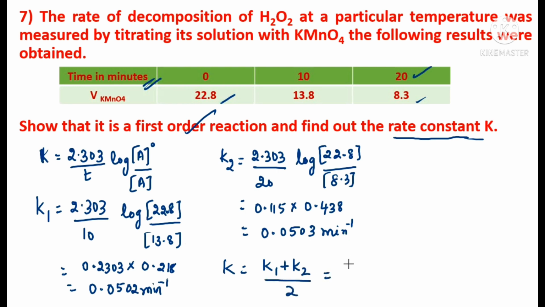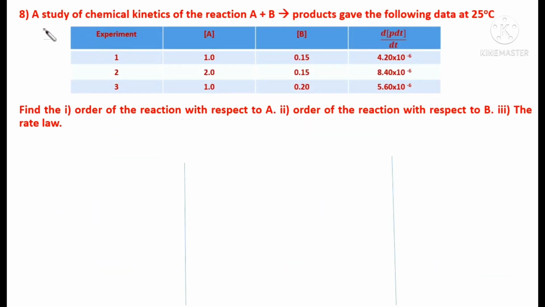What are the values? 0.0502 plus 0.0503 divided by 2. What's the answer? 0.0503 per minute. So this is the rate constant for this first order reaction. Understood, students? Read the next question, students.